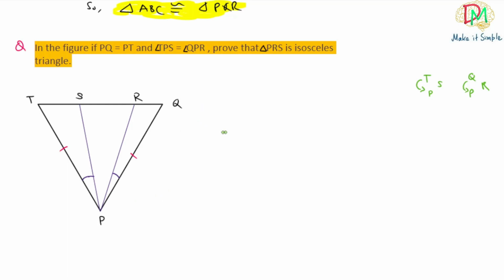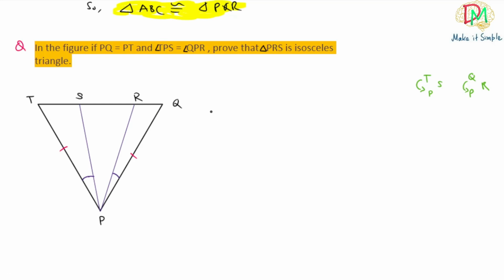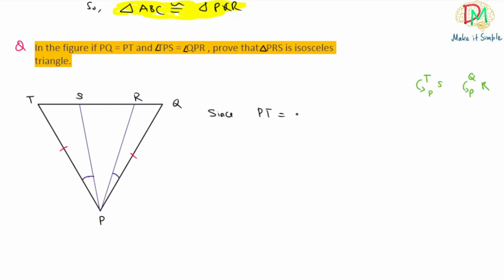So we can write from the given data, since PT is equal to PQ, TPQ is an isosceles triangle. So we can say the base angles of an isosceles triangle are equal.